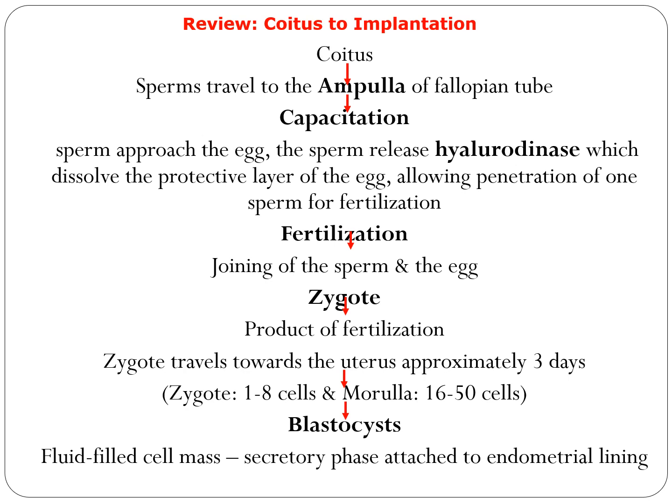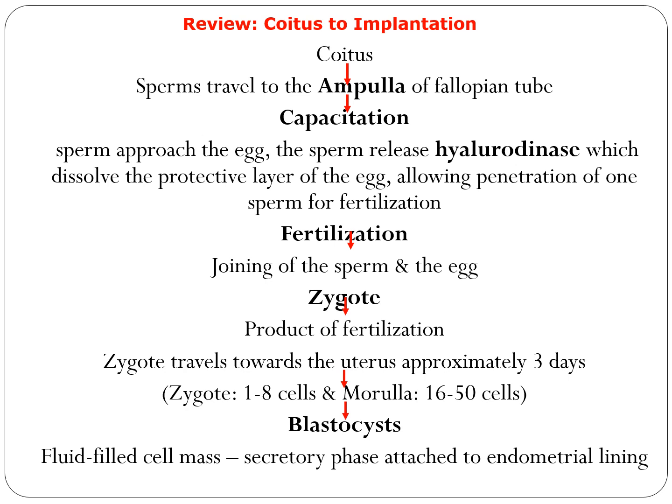Then there is the capacitation. The sperm approach the egg, and the sperm release hyaluronidase. Don't forget that substance that dissolves the protective layer of the egg, allowing the penetration of the sperm for fertilization.